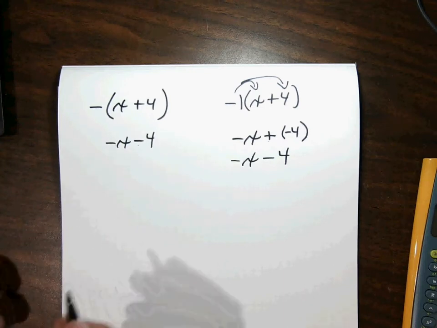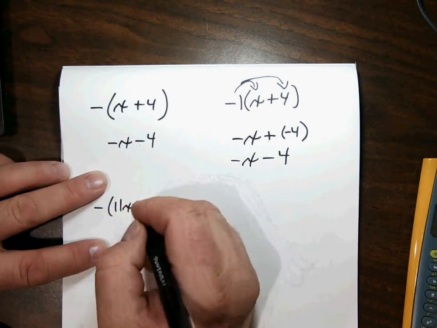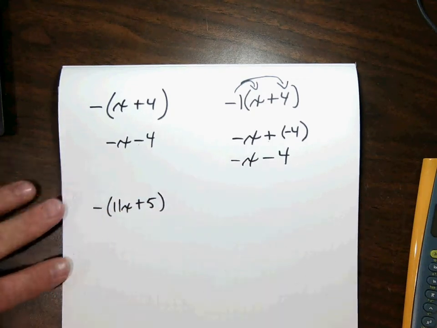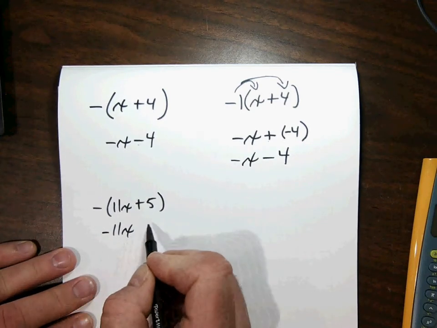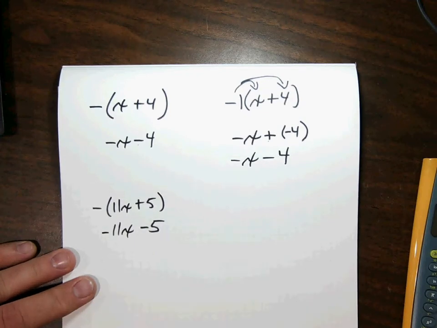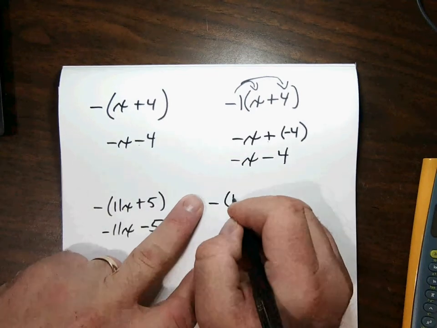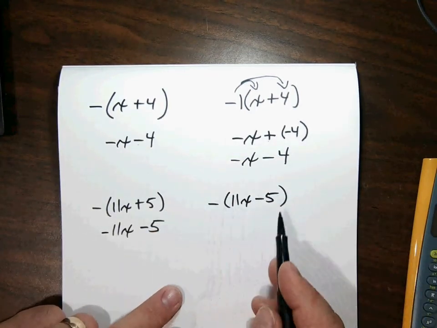Okay, so let's practice just a couple of those. 4 different scenarios. Negative of 11x plus 5. What's it going to be? Negative 11x, and then either plus negative 5, or I would just call it minus 5. How about this one now? Negative out front, 11x minus 5. Distribute that negative across.